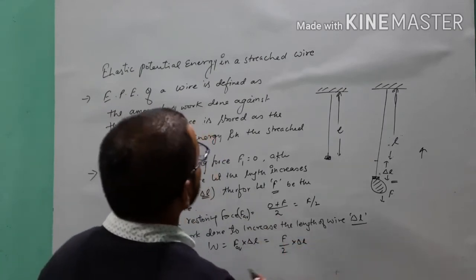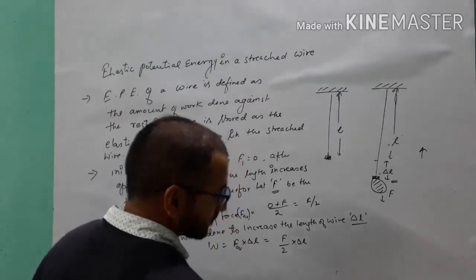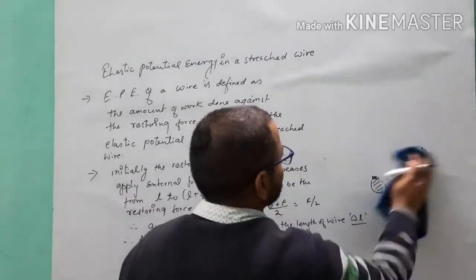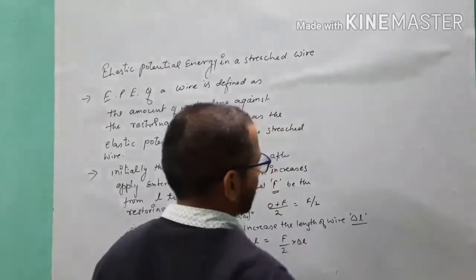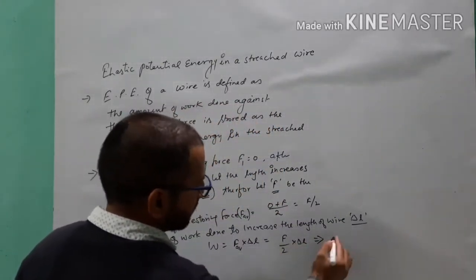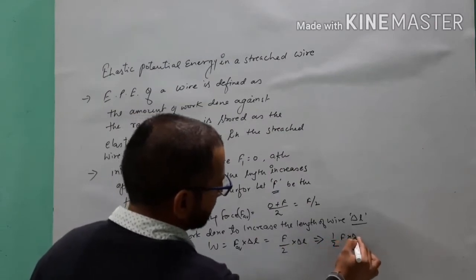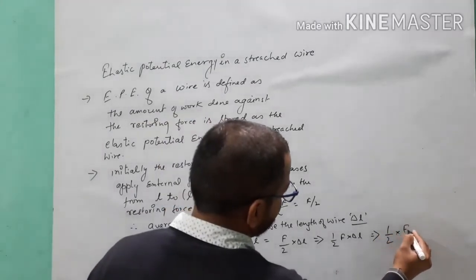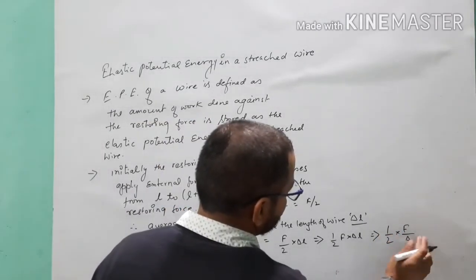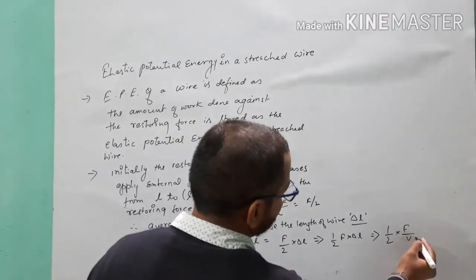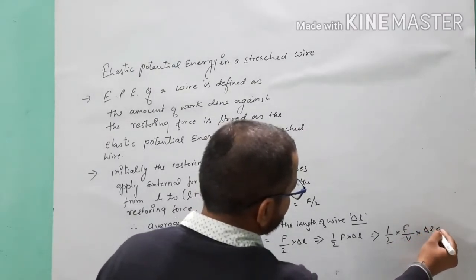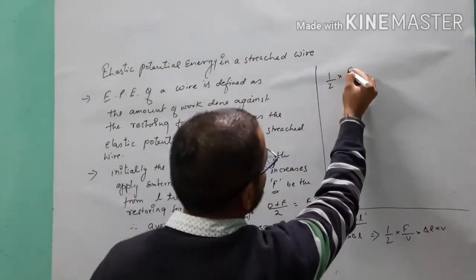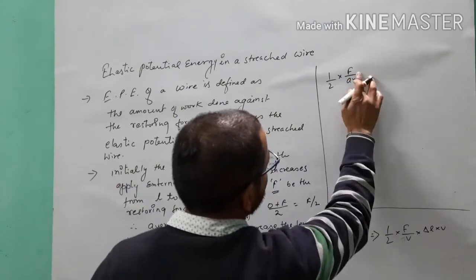Now here we will complete this calculation. W equals 1 by 2 F into delta L. Now we can divide both sides by volume V, so half into force into delta L over volume.